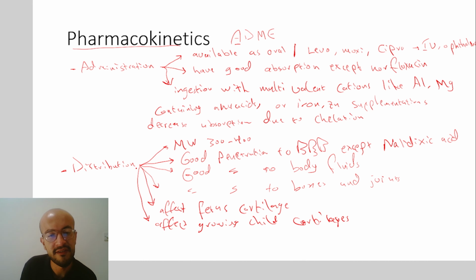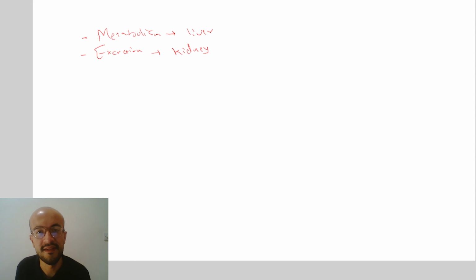It also concentrates in the neutrophils, and that's why it has a good post-antibiotic effect. The metabolism of the quinolones is in the liver, and excretion is through the kidney, except for moxifloxacin, which is excreted through bile.